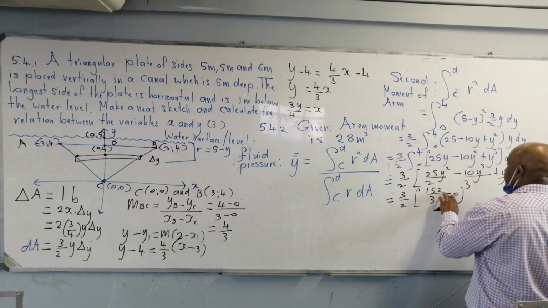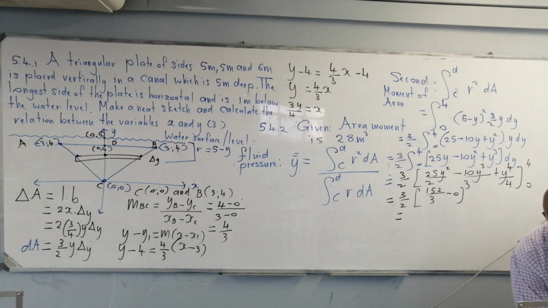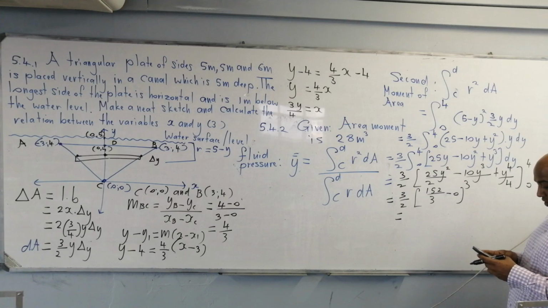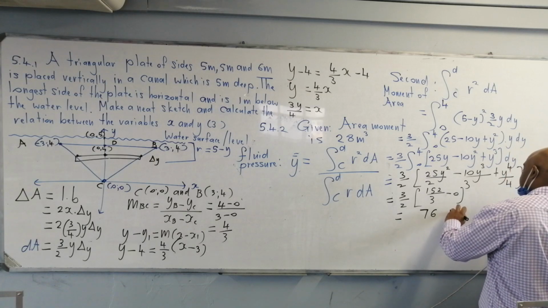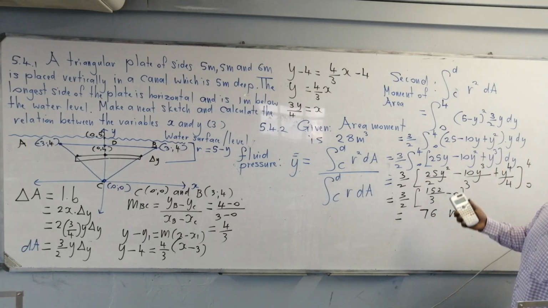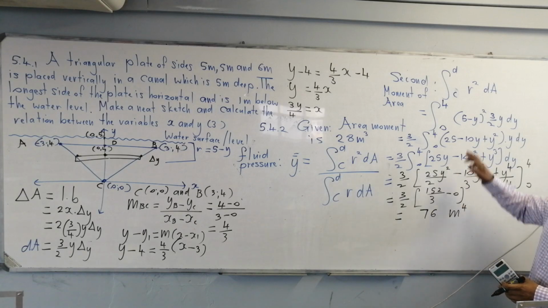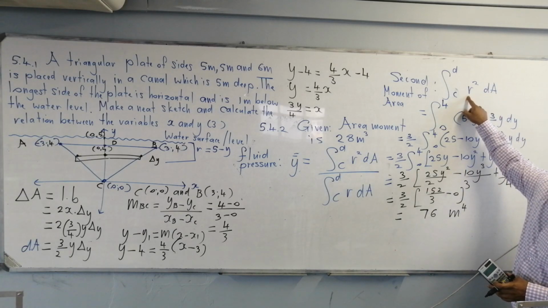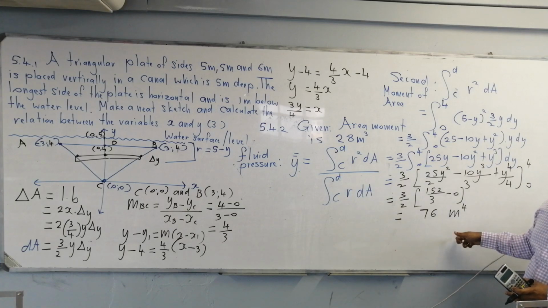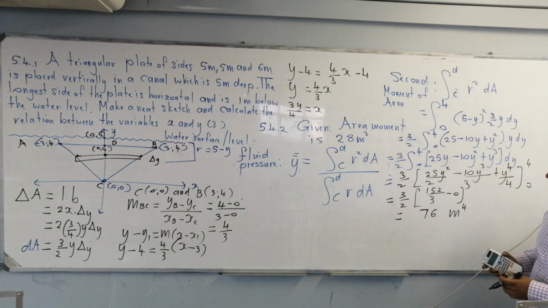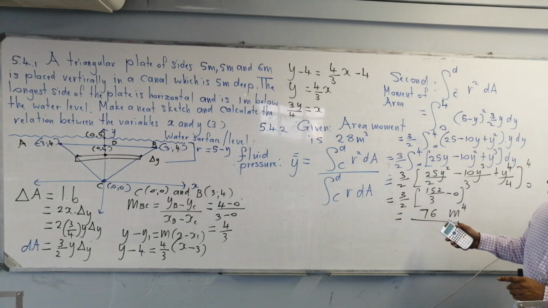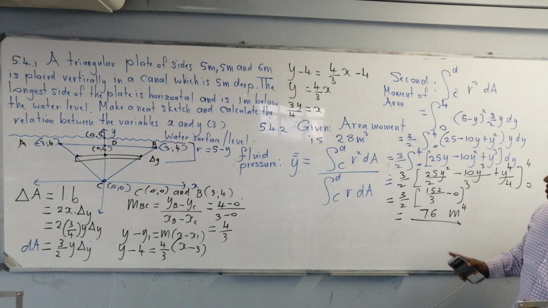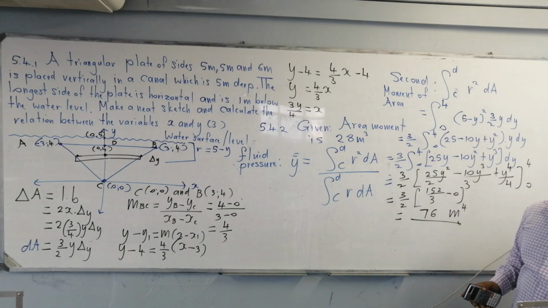Substitute 0, you're getting 0. What is it? Okay, 152 over 3 times 3 over 2 is 76. This is meters to the power 4 because area is squared, r is also squared. A square times a square will give you the units to the power 4, in this case meters to the power 4. Alright, you must go over the worked examples in your textbook similar to this. It just takes long to do, but 5 marks here, and that's 8 marks.